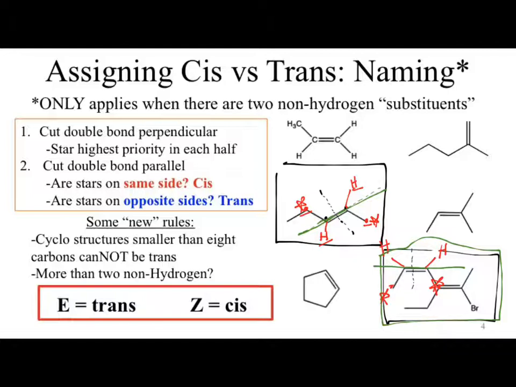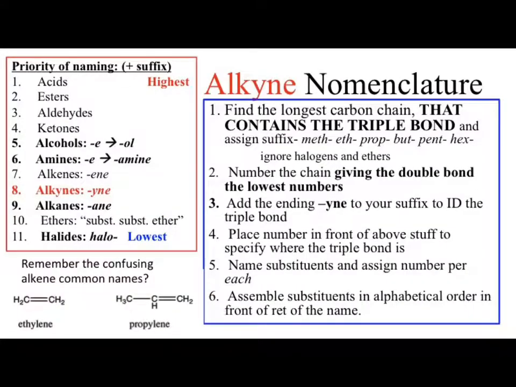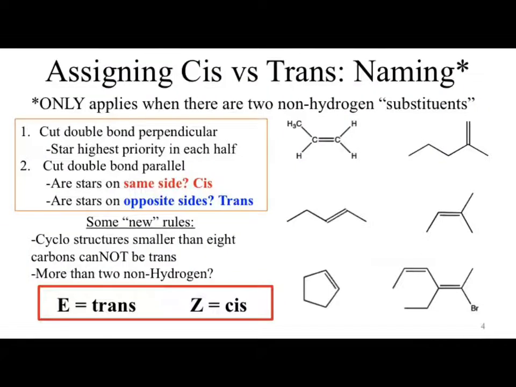So you only use E and Z if there's more than one double bond? Or if you're looking at a structure that has more than two different things on it. Cis and trans officially really only applies if it has two hydrogens attached to the double bond.